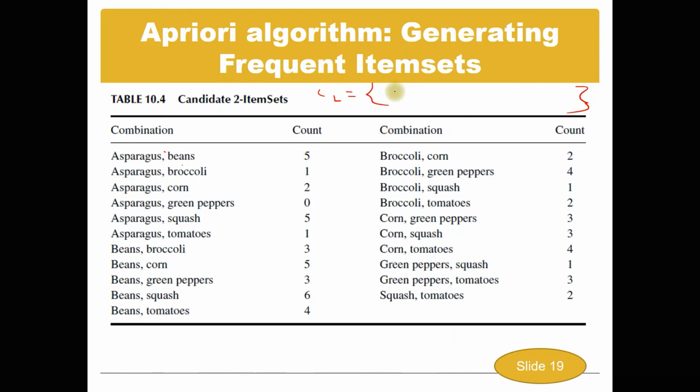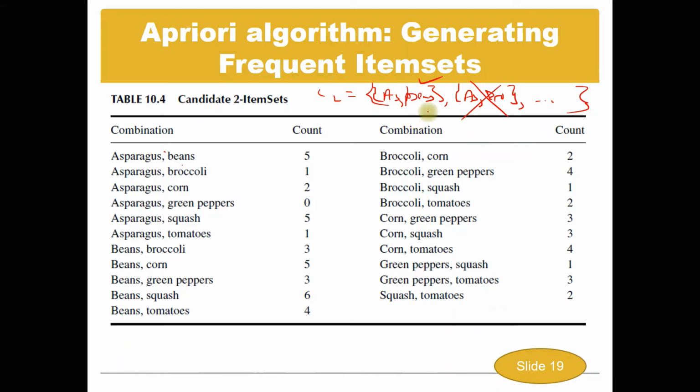You will see that now some of these rules will be pruned. Like if you have asparagus bean is 1, another one is asparagus broccoli, that's another one, and it goes on. So you would see that this one will be here, but this one will be pruned.